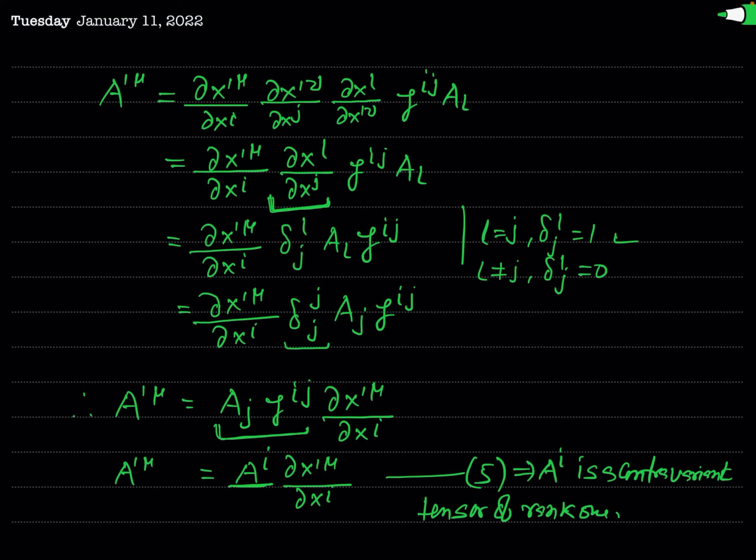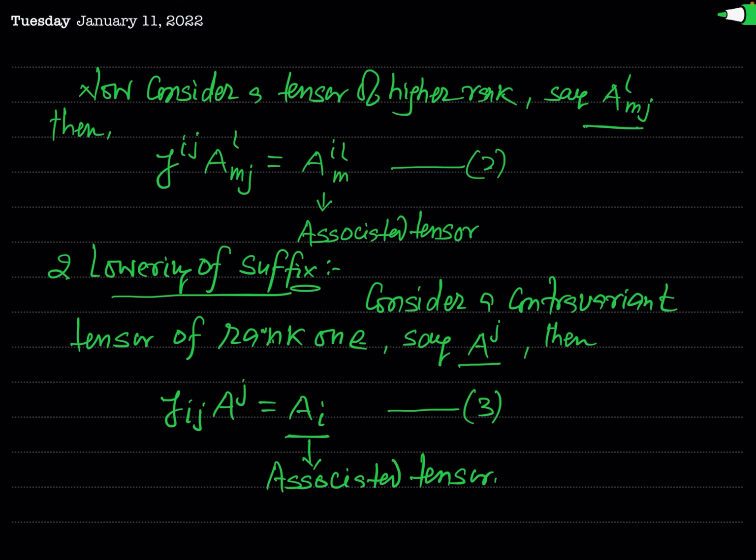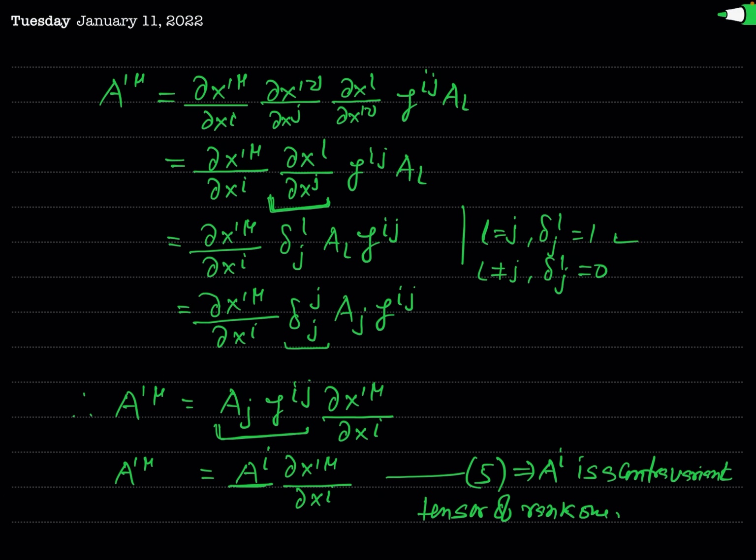So I have told you that whenever you take the inner product of a fundamental tensor with a given tensor, then the resulting quantity is also a tensor. So we have proved that this type of product always gives a tensor, and that resulting tensor is known as the associated tensor. So I hope you have understood how an associated tensor is obtained.